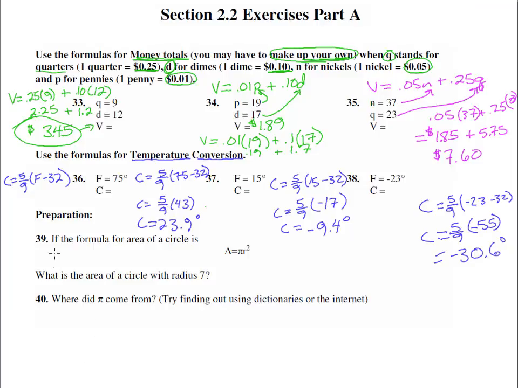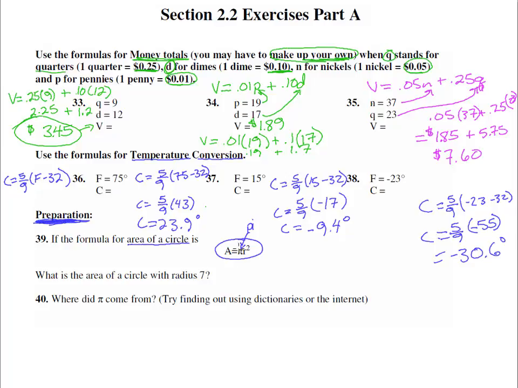Number 39. If the formula for area of a circle is A equals, oh boy, many of you know that, that's a pi. Pi r squared. What is the area of a circle with radius 7? This is a preparation problem, which means it's preparing you for what you're going to do at the gathering.